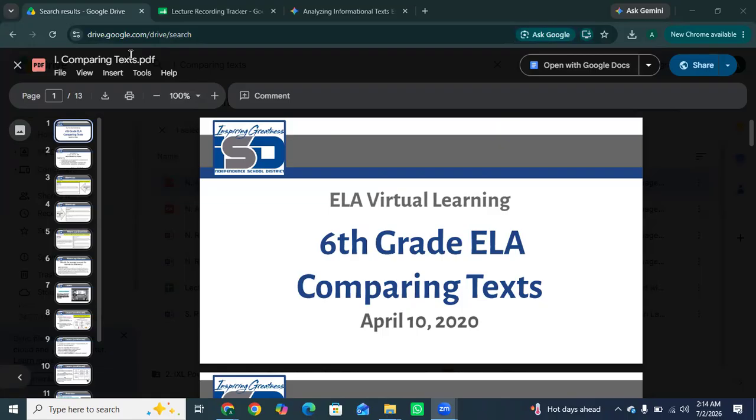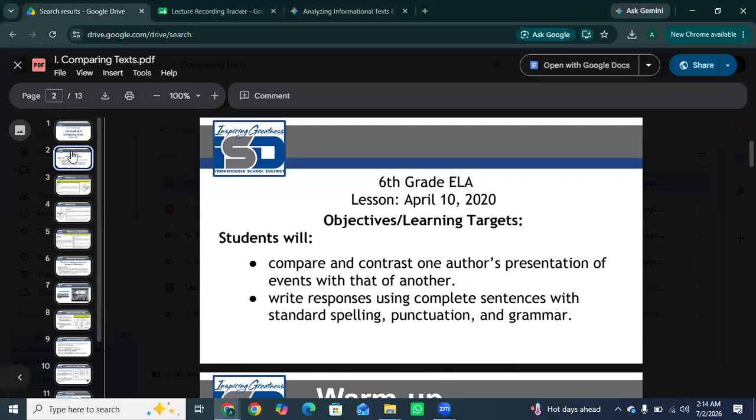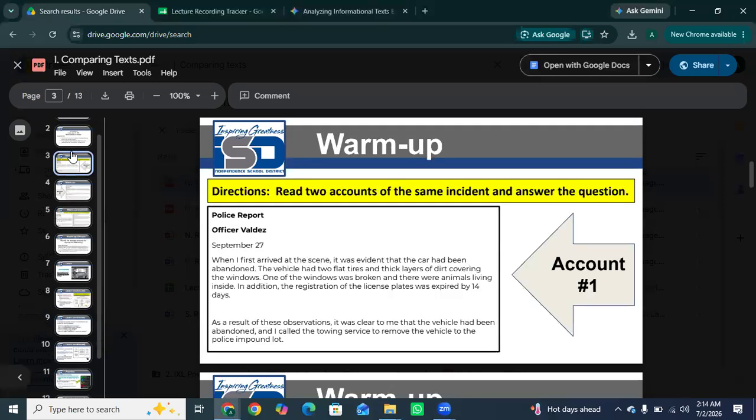Those are the objectives. Read this paragraph or letter. It gives you a quick reading exercise with two completely different viewpoints on the exact same car.